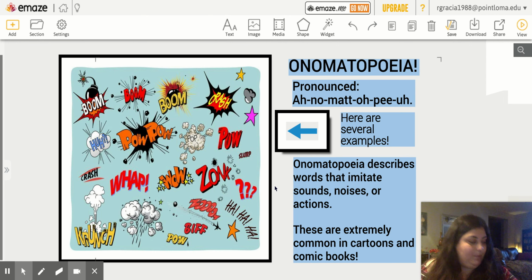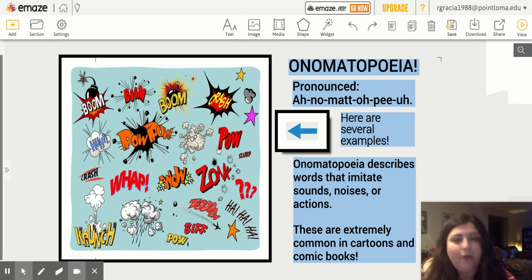So for example, if I'm talking about a car that's going very, very quickly down the road, it just zooms straight by, I might go zoom. That's onomatopoeia. If I say that I smacked my hand really hard on the table and I go smack, that's onomatopoeia.